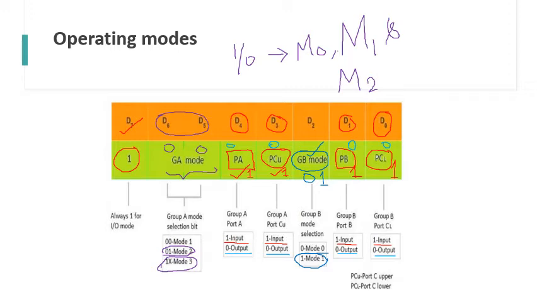So first we are going to see the I/O mode. In I/O mode of operation, port A, port B and port C are all going to act as input as well as output ports.